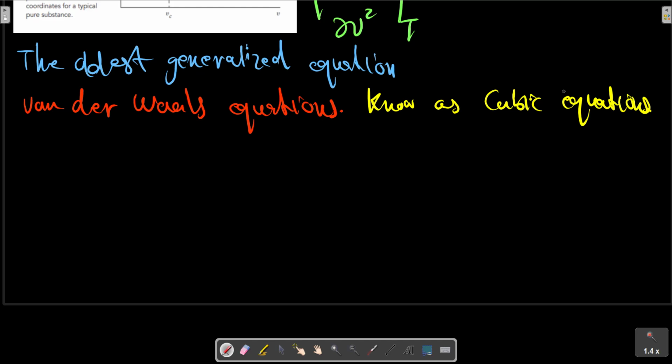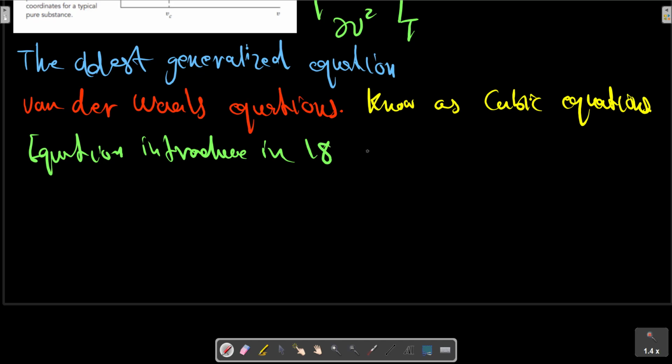Presented in Chapter 3 as equation 39, this equation was introduced in 1873 as a semi-theoretical improvement over the ideal gas model.